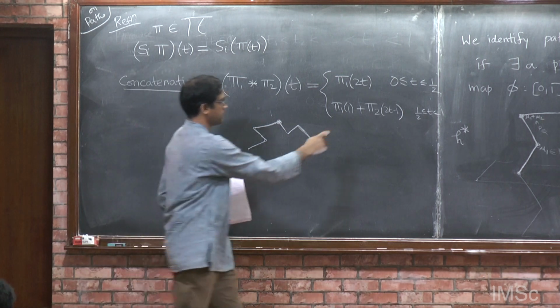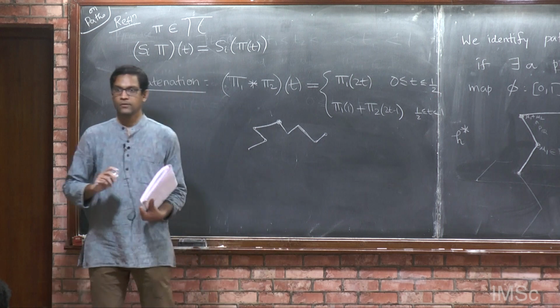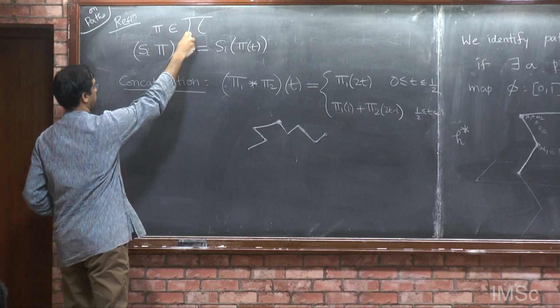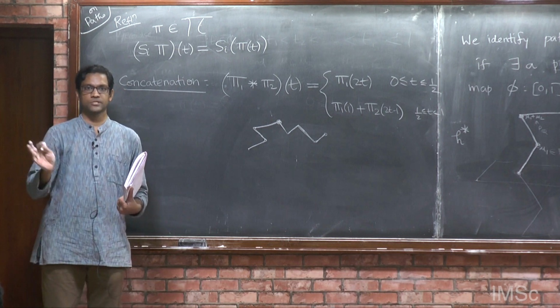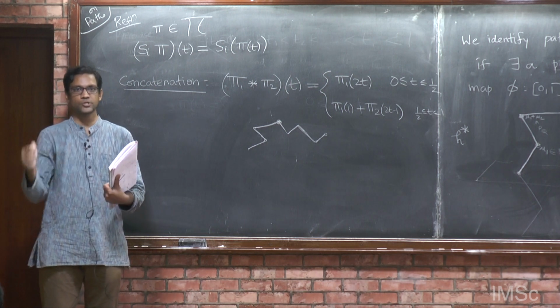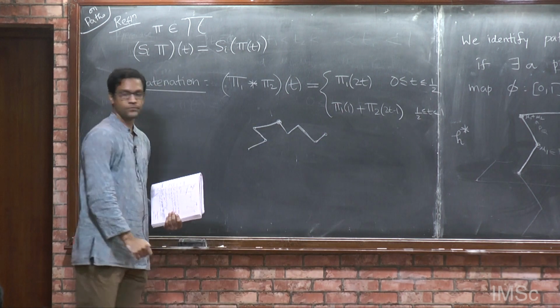No. That's why the plus. All paths start at the origin, remember. Right? All my paths always start at the origin by definition, that was one of the conditions on this. So it's not paths which start at any point. Everybody starts at the origin. I'm supposed to move this origin to the end point of the other path. So that's why the pi 1 of 1 plus this.